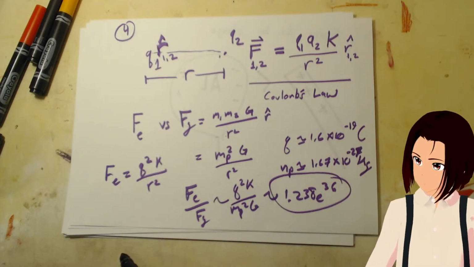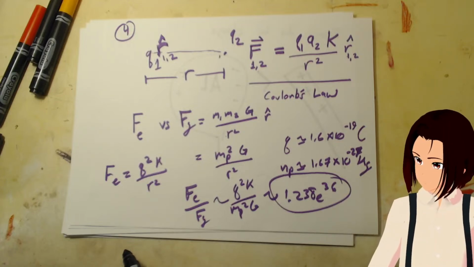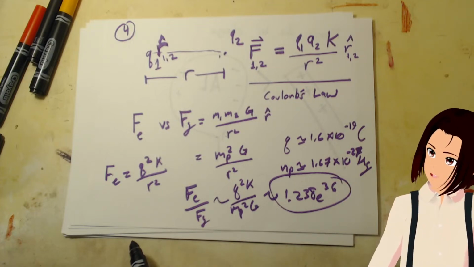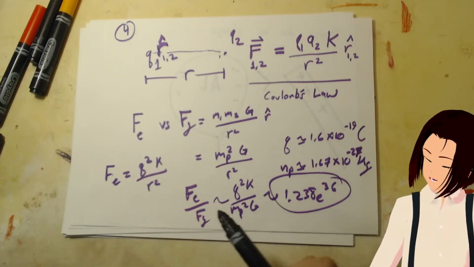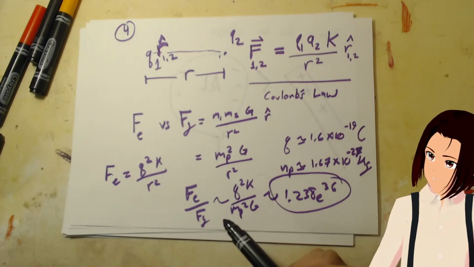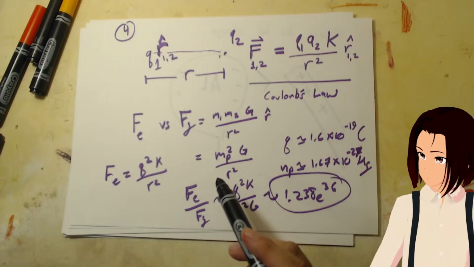Yeah, but is there more mass or more electrons in a AA battery? Well, here's the thing. If we have a bigger mass, then maybe that would change this ratio. But the mass of a proton is really small.